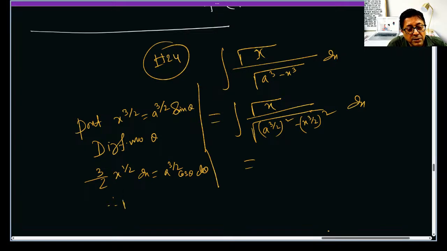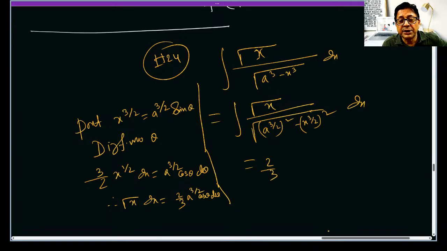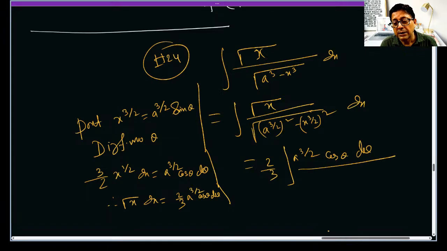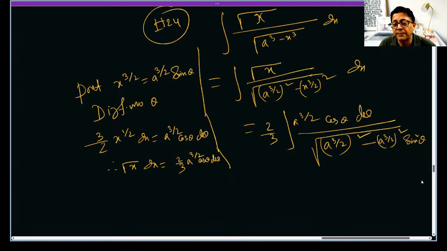So substitute there: 2 by 3 a to the power 3 by 2 cos theta d theta, divided by under root, this is a to the power 3 by 2 whole square sin square theta. Clear?